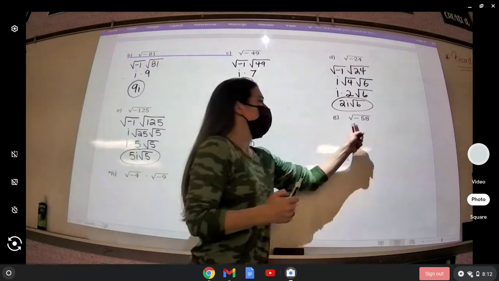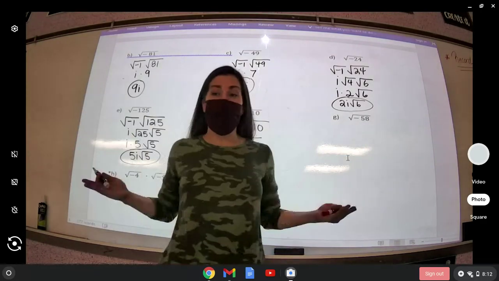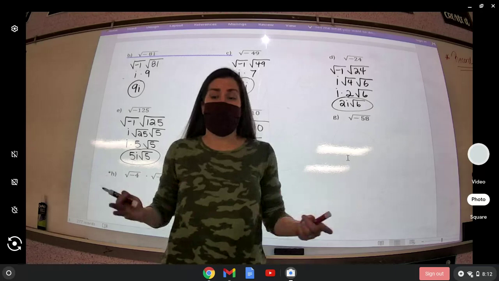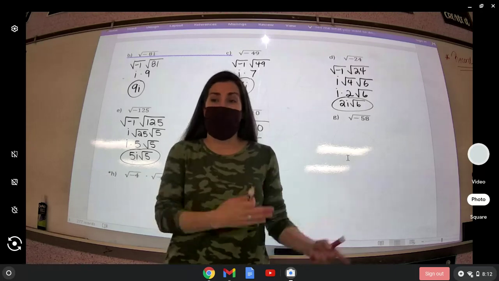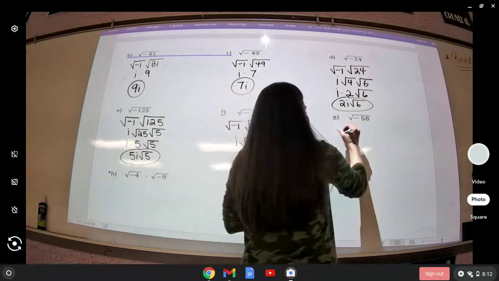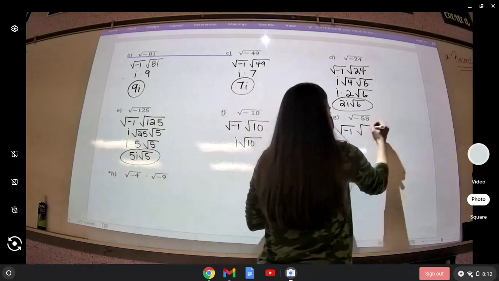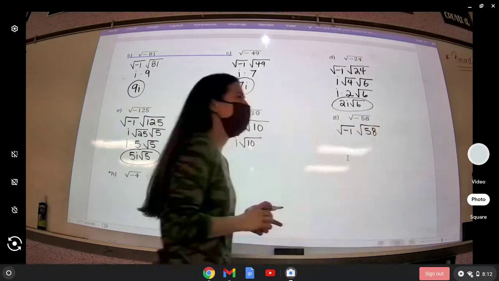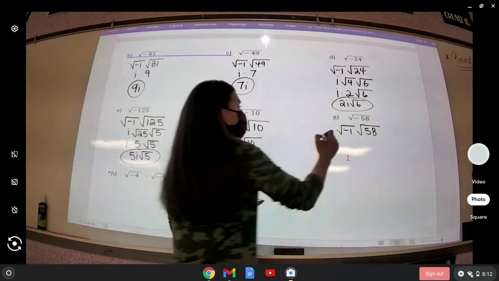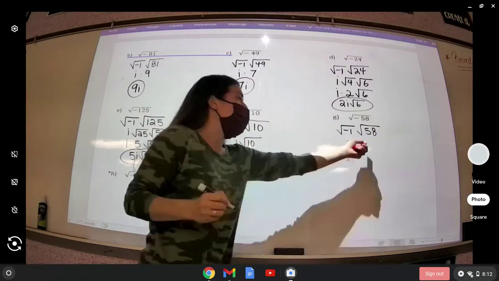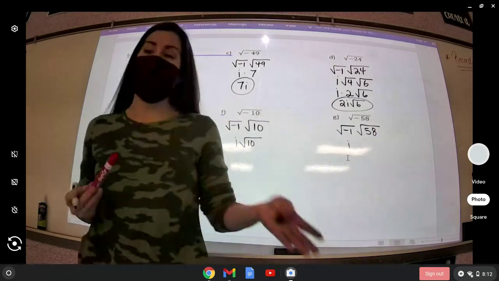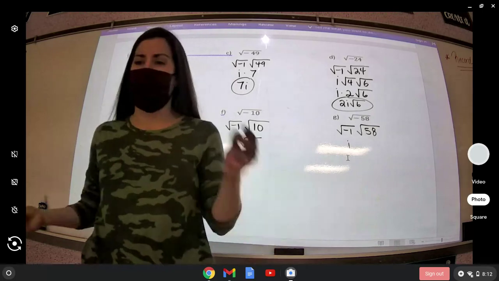All right, last one. The square root of negative 58. I know the answer has to be imaginary. I can't take the square root of a negative number and get a real answer to that. So I'm going to break it up into the square root of negative 1 times the square root of positive 58. The square root of negative 1 is i. Now we go to the square root of 58. I can't take the square root of 58 because it's not a perfect square.